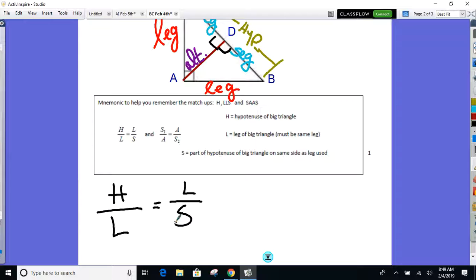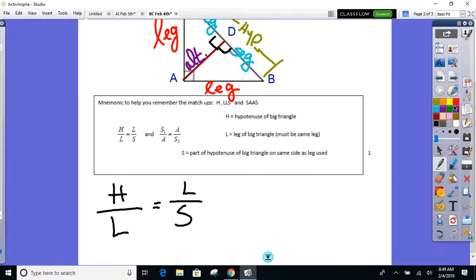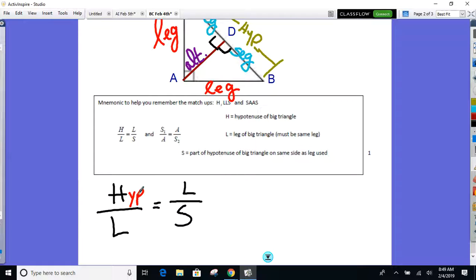The H is the hypotenuse in the diagram. L for leg. L for leg. Now the first question that's going to come up is, which leg? And that's probably either going to be the one we're looking for or the one that's labeled already. But same leg or two different legs? And it's going to be the same.